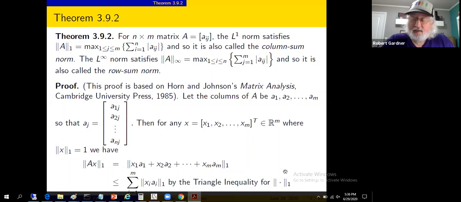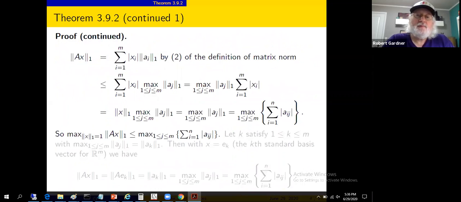In the next step, we're going to use another property of vector norms, or matrix norms, since these vectors are just matrices of certain dimensions. The norm of a scalar times a vector is the absolute value of that scalar times the norm of that vector.